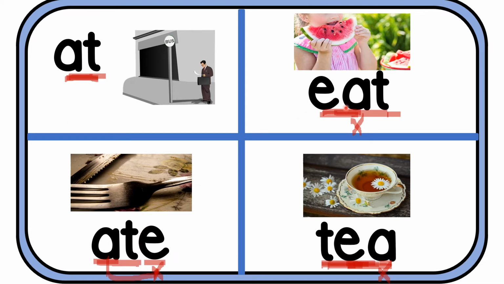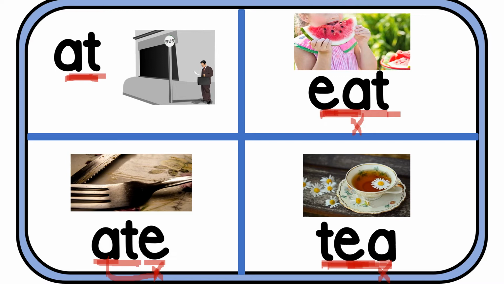Let's look at the word eat. Sometimes eat is often being substituted with ate, or vice versa, where ate is being substituted with eat. So let's pay close attention to them. In eat, we're going to start with the E sound.